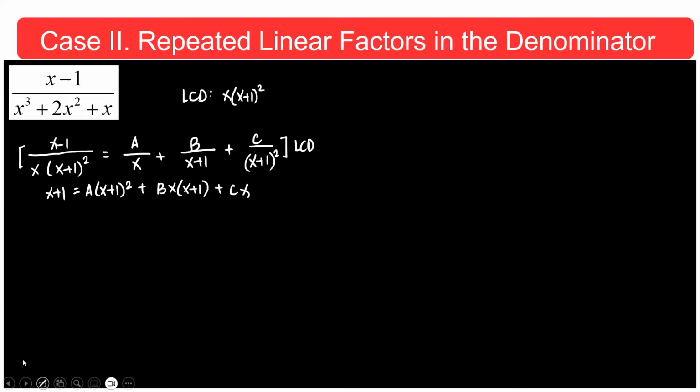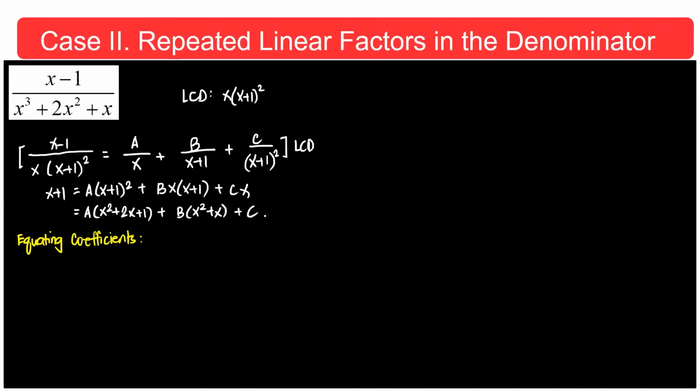This is what you call equating coefficients. However, for equating coefficients, it has to be properly arranged. This one, we can say this is x squared plus 2x plus 1. B, that's x squared plus x. Cx, this is x plus 1.